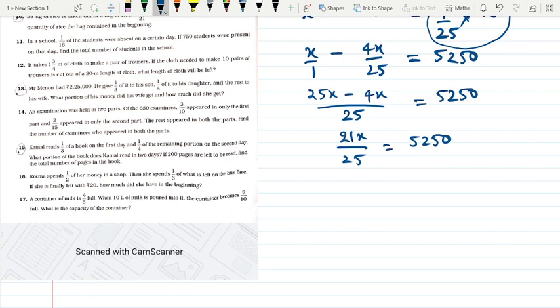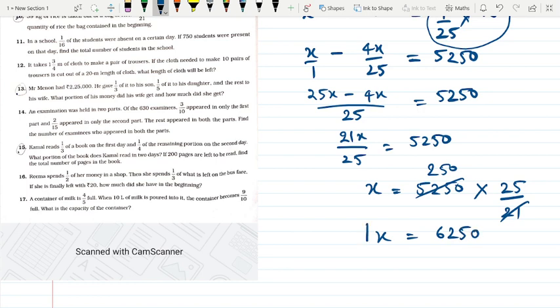So we can see that this fraction is multiplied with x. We need to find out x. So what we will do, dear students, we will take the reciprocal. So when you divide this, you will get 250, and the value of x will come 6250 rupees.